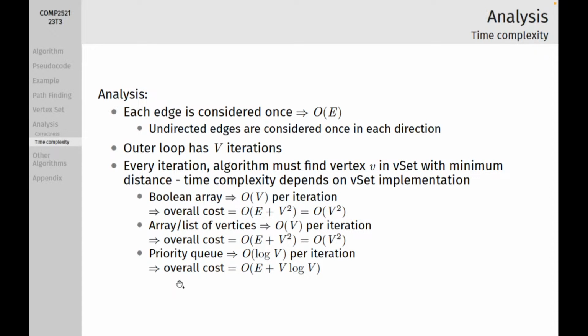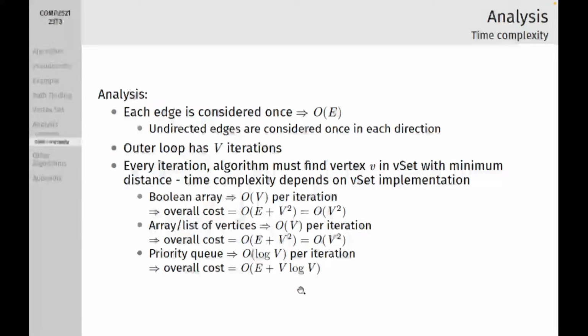All right, now if you use a priority queue to implement the V set, then it's going to cost O of log V per iteration. We said earlier that insert and delete for a priority queue is O of log E for a good implementation. That means the overall cost is O of E plus V log V, because it's log V per iteration.